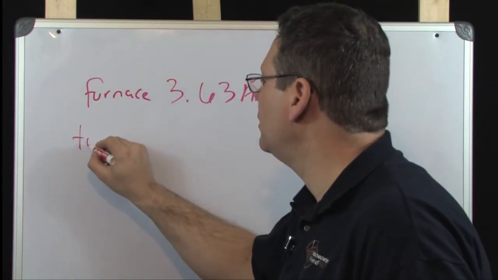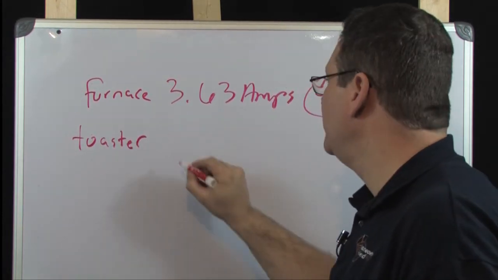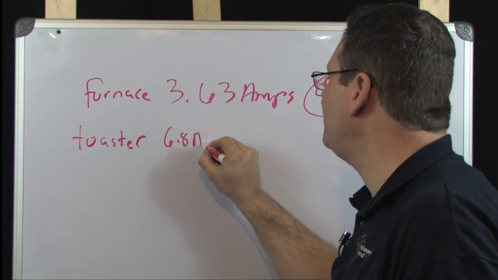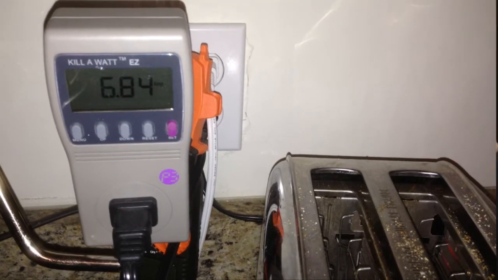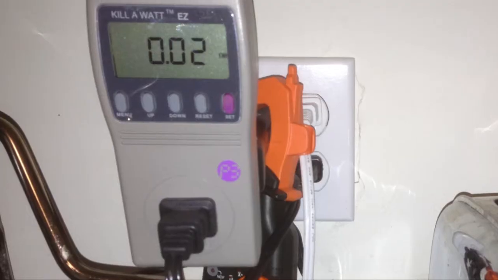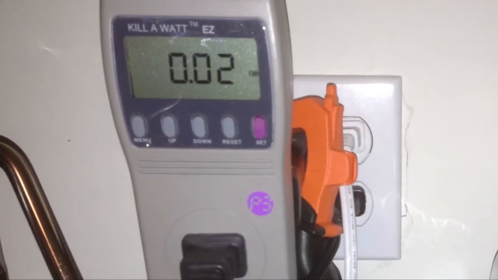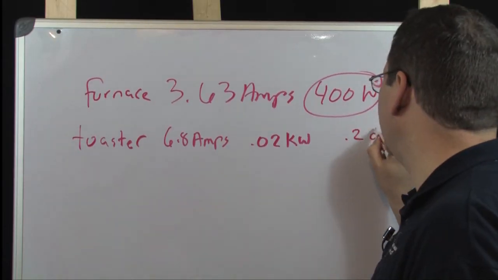Toaster. While I was in the kitchen, I did a couple more experiments. The toaster drew about 6.8 amps, and it took about 0.02 kilowatt hours to toast a piece of bread, which is about 0.2 cents.